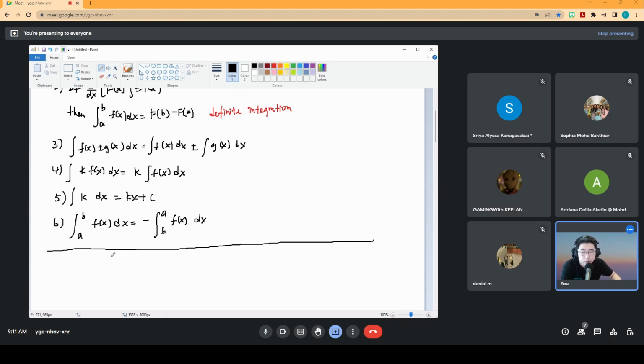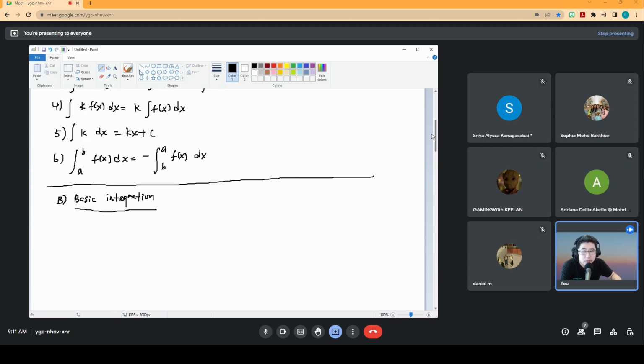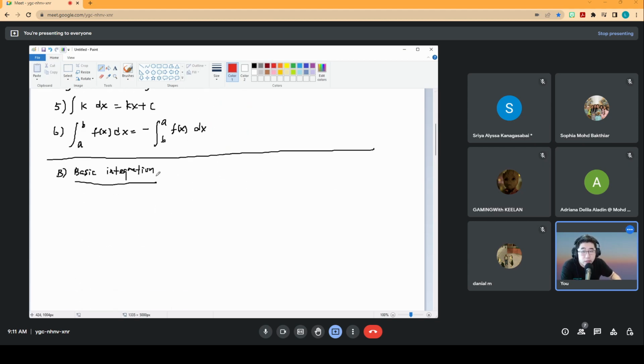Then after that you have B, basic integration. Just as I expressed about rule number 1, they are the reverse process. Therefore, the basic integration here is exactly the reverse process of differentiation.